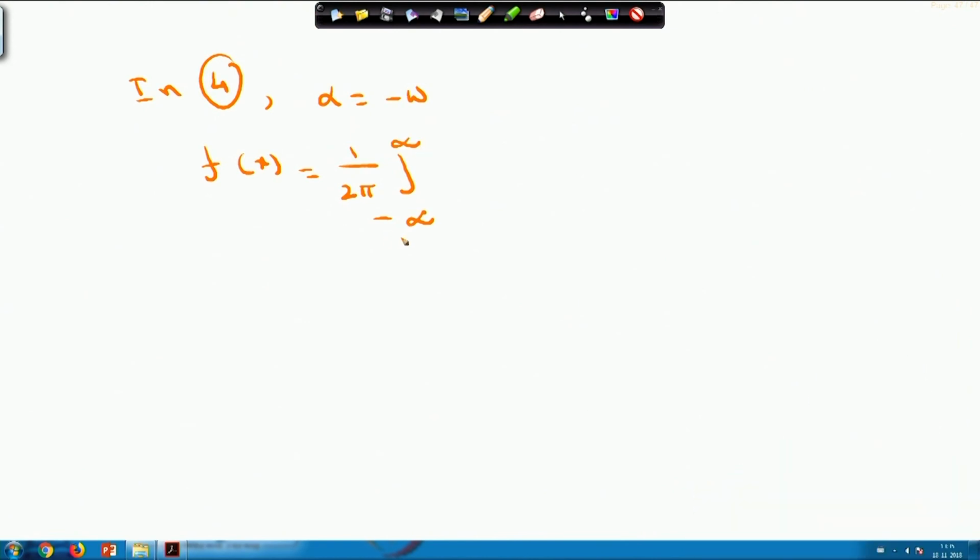This will actually be minus omega, so the limits will change, from plus infinity to minus infinity. This is the integral from minus infinity to infinity of f(t) e to the power i omega (t minus x) dt, into minus d omega.